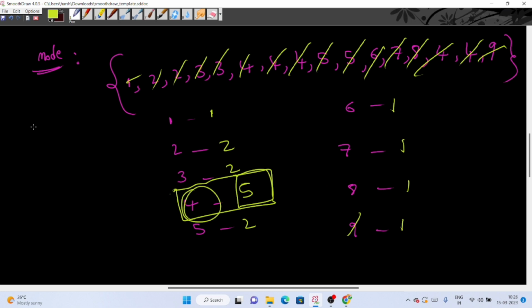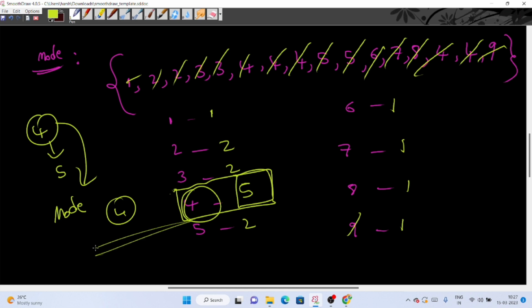That number is 4, because it appeared 5 times in our data, which is more than any other number. We consider this 4 as our mode because it has appeared the most times in the data set. So we can write our definition of mode: finding the number which has occurred the most times in the data set is called the mode. This is all about mode.